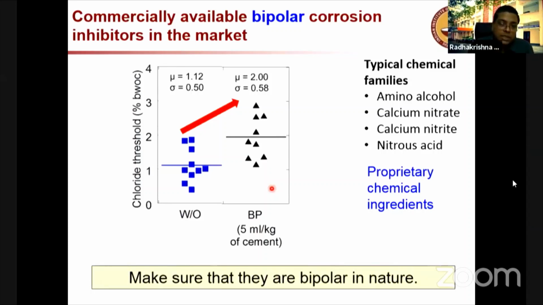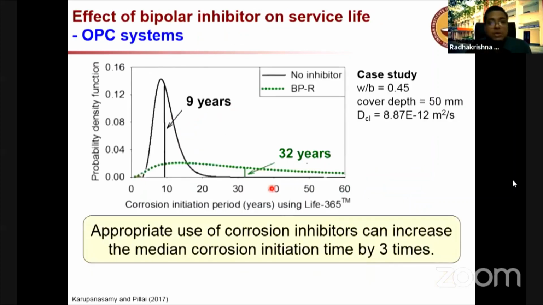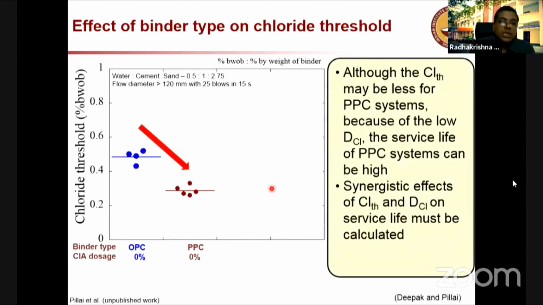This was tested using one of the earlier test procedures, and what we found is that with that much increase in chloride threshold for a particular system with a 0.45 water cement ratio and a cover depth of 50 millimeter with an OPC concrete, you can have 2 to 3 times increase in the service life. So it's very promising. So we actually performed more tests on corrosion inhibitors.